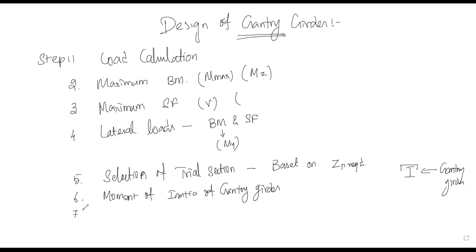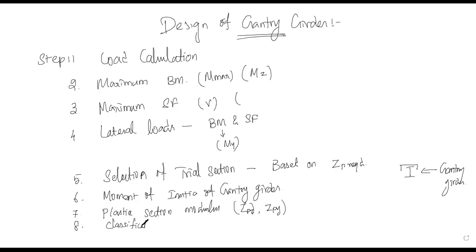And the seventh step is plastic section modulus. That calculation, that is ZP value, that is ZPZ as well as ZPY, both we have to calculate. Okay, then after that is classification of section.